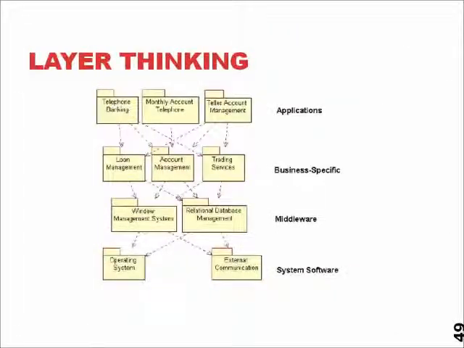Additionally, the layer thinking here: we go from certain high-level areas about the applications and the business-specific activities, what areas of business use what applications, what middleware are these business-specific layers or functions using, and finally, this middleware like window management system or database management, are they using external server side or are they functioning with our own operating system?